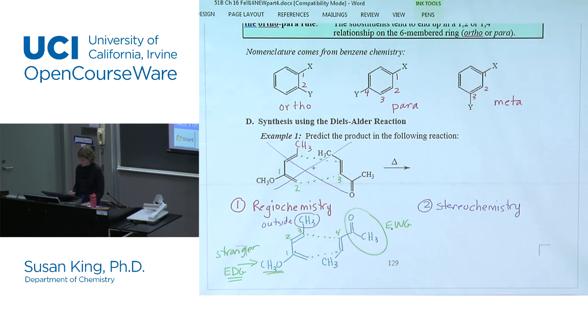And our electron withdrawing group are on the same side. Is methyl an electron withdrawing group? Methyl's not an electron withdrawing group. So it's the electron withdrawing group that has the p orbitals that tuck up underneath to give the secondary interaction. So those need to be on the same side. All right, so our product is, let's draw it.